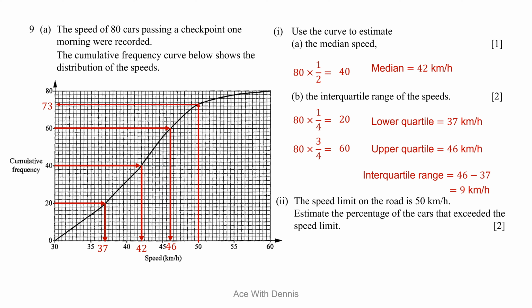So the number of cars that exceeded 50 kilometers per hour will be 80 minus 73. Hence, the percentage of cars which exceed the limit will be 80 minus 73 divided by 80 times 100%, which we get 8.75%.